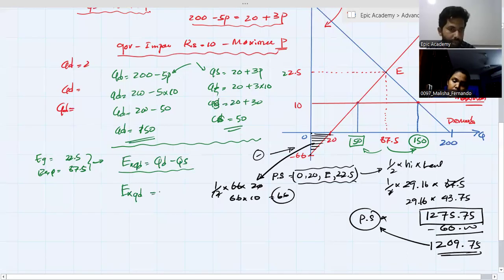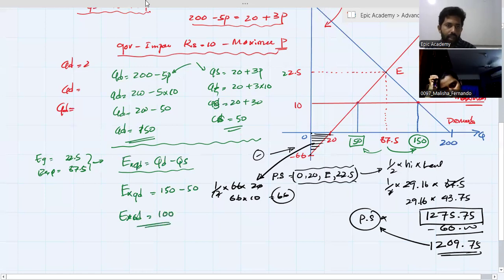QD here represents the quantity demand after the maximum price ceiling, it is 150. QS means the quantity supply after imposing the maximum price, so it is 50. Now you can identify excess demand. It is just 100.